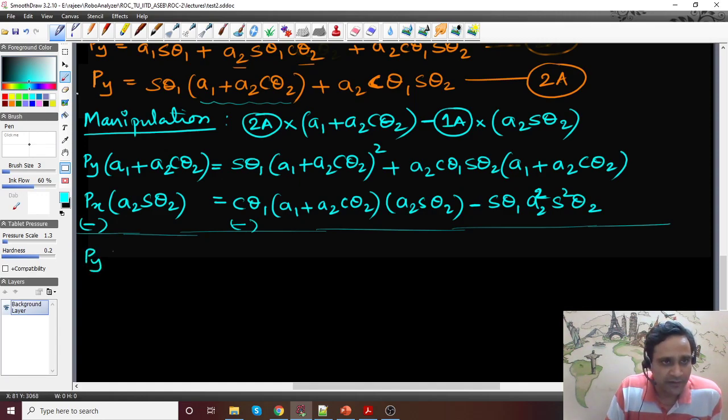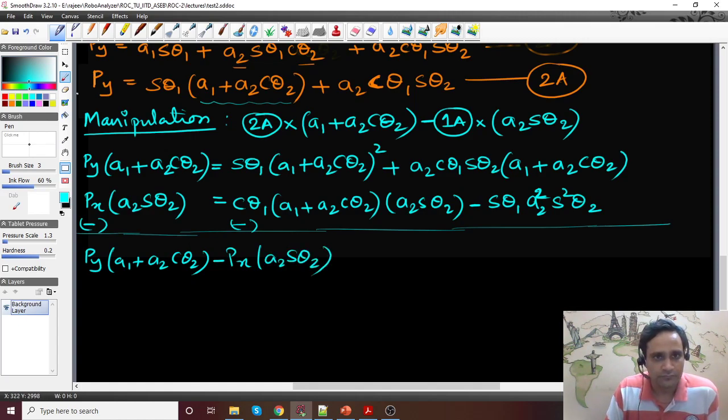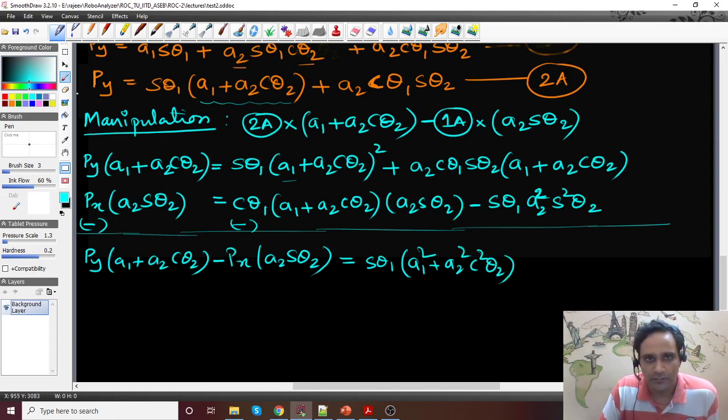Okay, py into a1 plus a2 cos theta 2 minus px into a2 sin theta 2 is equal to, this is LHS. Now the RHS will have sin theta 1 into a1 square, this term, plus a2 square cos square theta 2 plus within bracket 2a1 a2 cos theta 2.